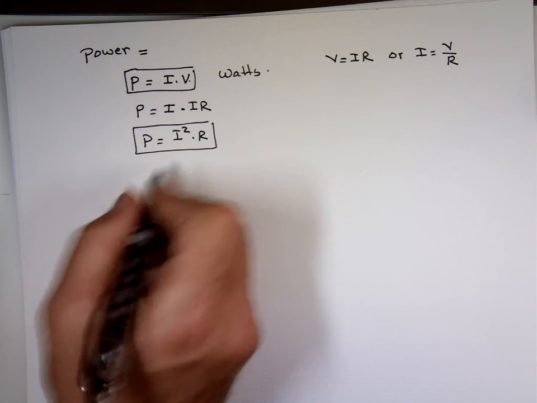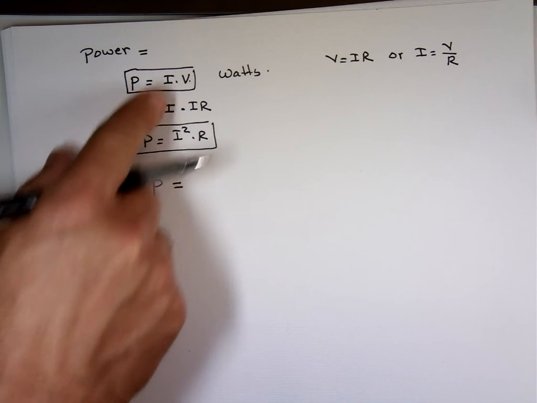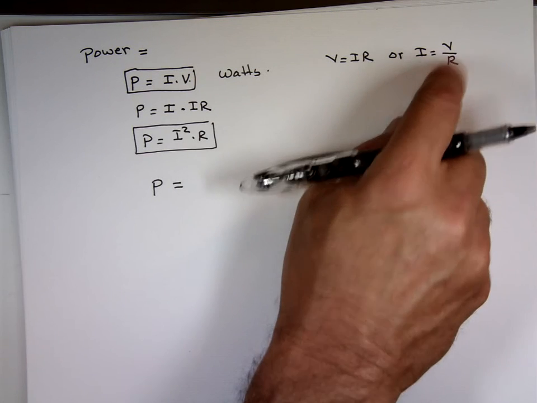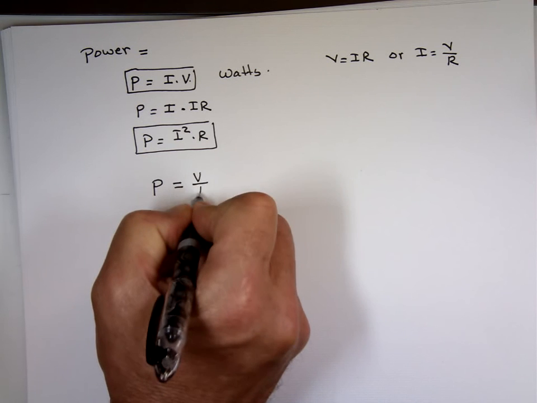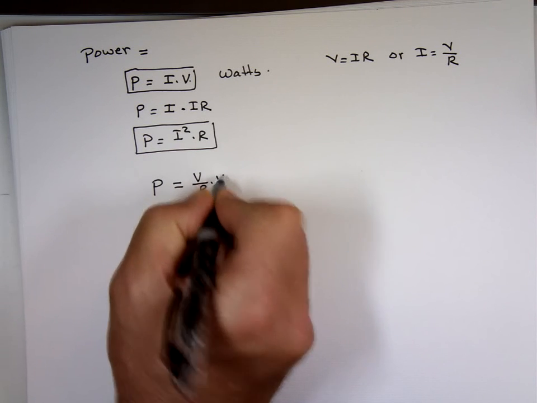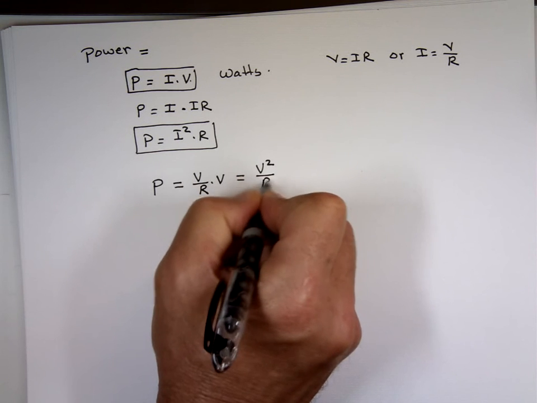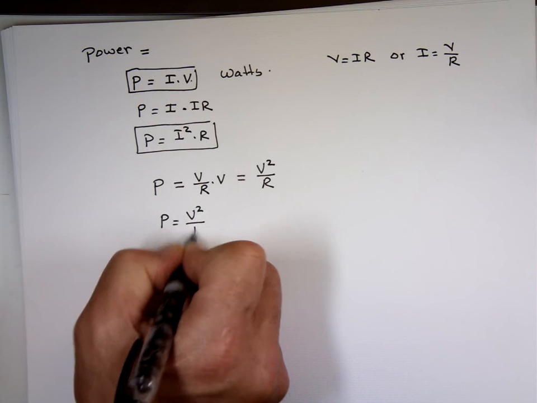Here we go, the third one. Power is I times V. What is I equal to? Isn't I equals V over R? Times V, which is V squared over R. So power can be calculated three different ways, depending on what you know.